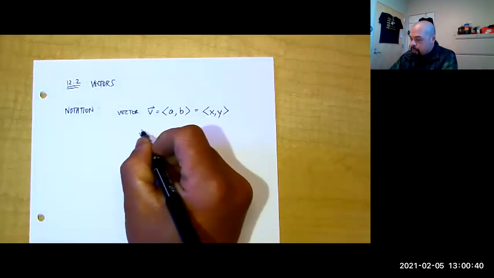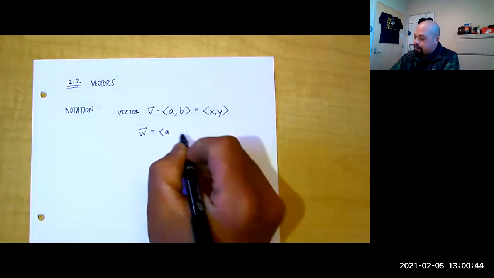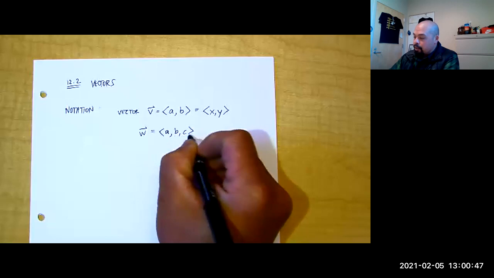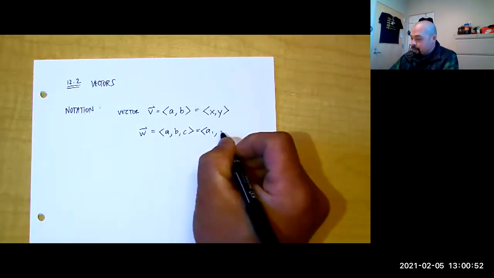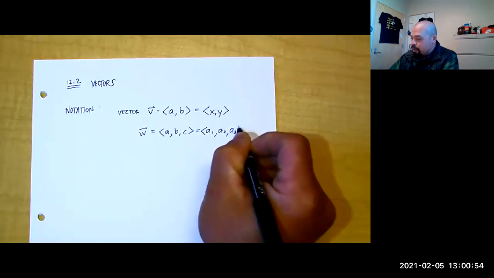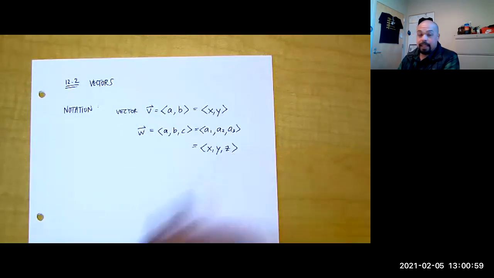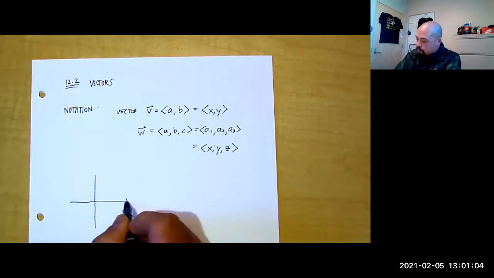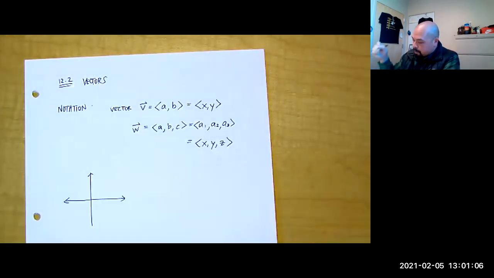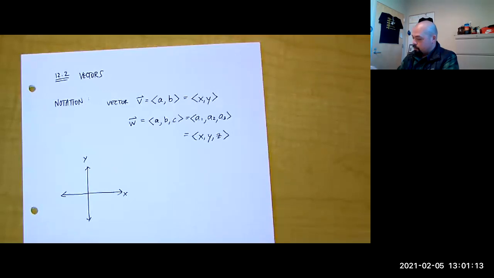Likewise, if we have it in 3 space, just give it a new letter, W, for that vector. A, B, C, or A sub 1, A sub 2, A sub 3, some different notations here, or even that X, Y, and Z notation. When we look at these vectors in our coordinate system, that vector can be anywhere in space.